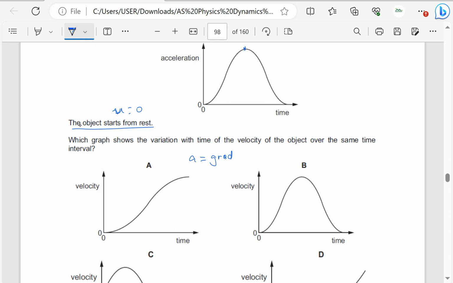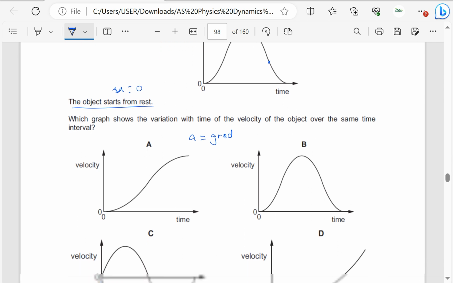Then the acceleration decreases, so the gradient should decrease. It decreases rapidly, and then at the bottom here, it decreases to 0, so the final acceleration, or the final gradient, should be 0.